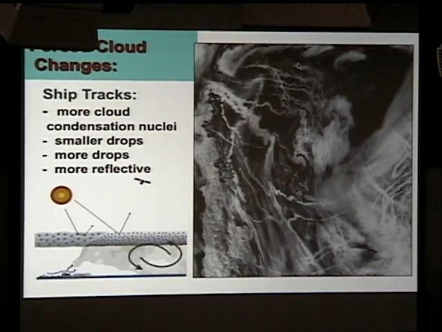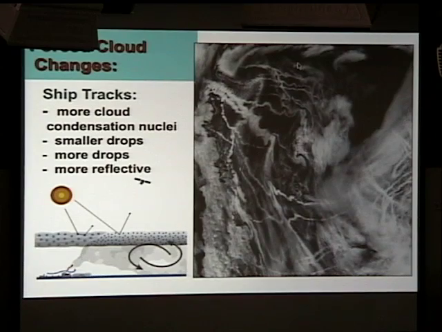You can see these very linear features, and so we have ship tracks. The ships emit gunk, and the water condenses on the gunk. And so we have brighter clouds, and you can see very clearly the change in the cloud albedo. The clouds get brighter because we have smaller particles in the atmosphere.